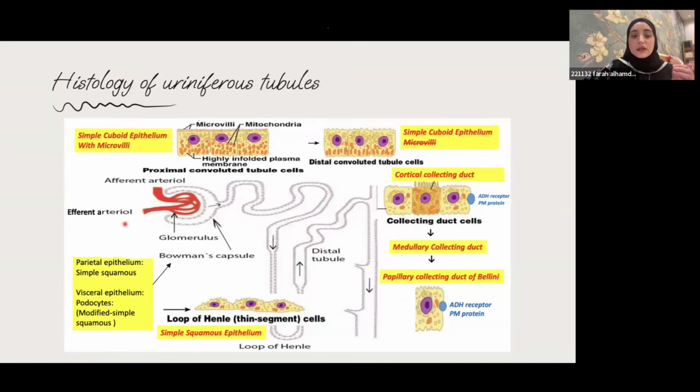But basically, these podocytes, which are modified simple squamous, from the word podo meaning feet, have feet or projections that are kissy huggy, as Dr. Annie mentioned, kissy huggy with the capillaries in the glomerulus. Now here is the Bowman's capsule. It looks like two layers, but it's folded. So the outer layer of Bowman's capsule is simple squamous.